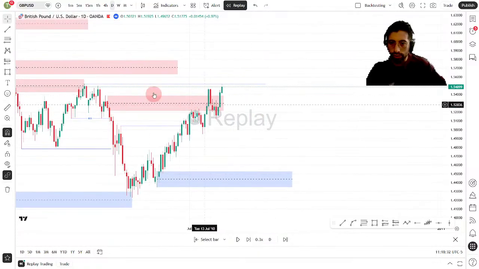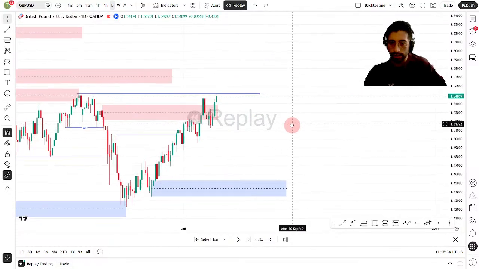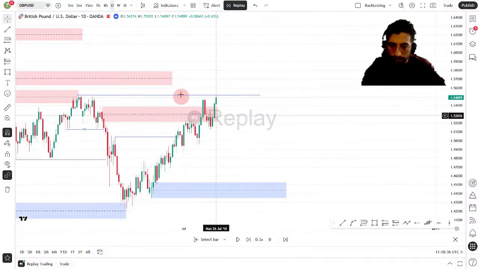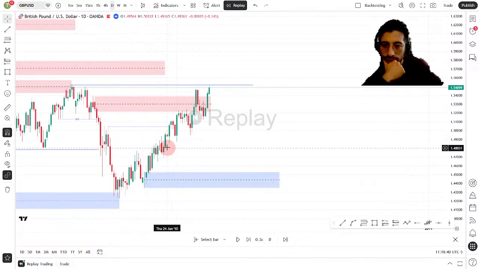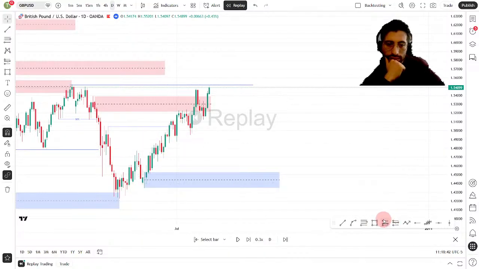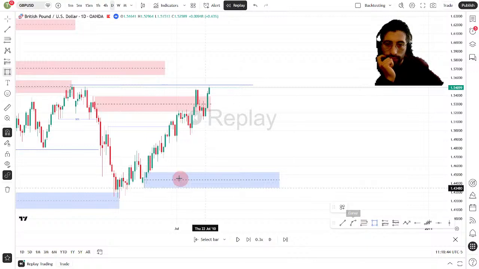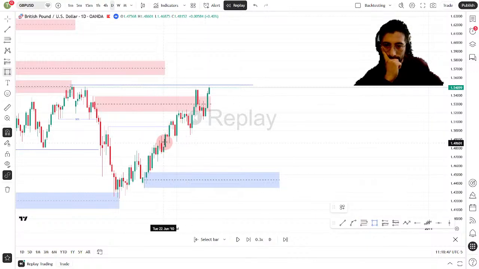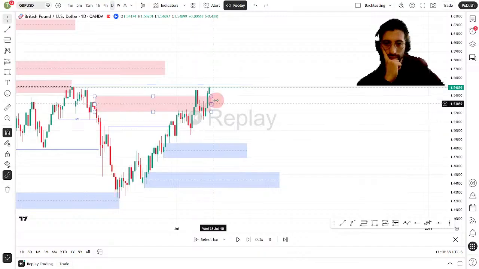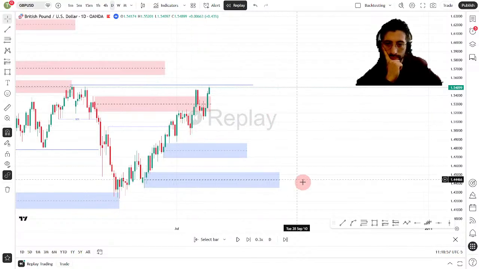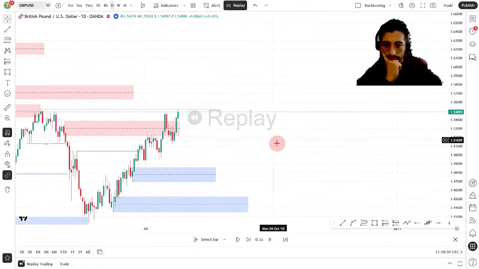So this was not respected, it entered here. I would say that the price will continue pushing up. It made a break of the structure, it entered here in this decisional. And then it re-entered here, so it's a continuation pattern. That's why it respected this point. All right, let's see.